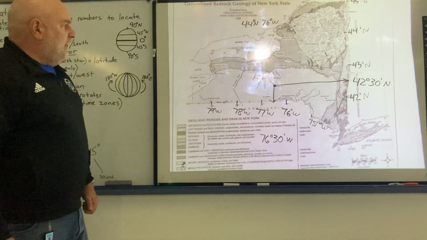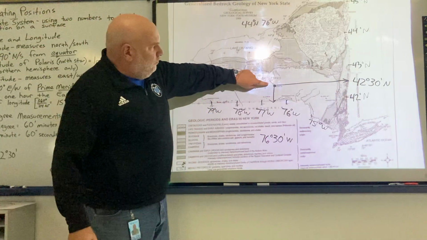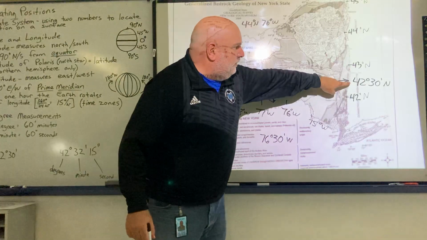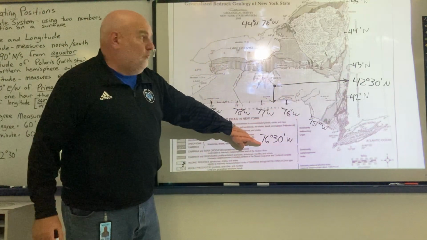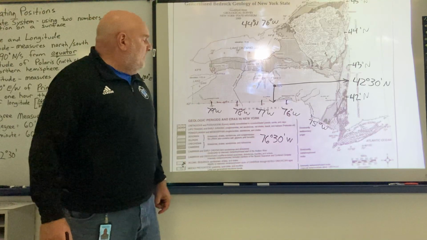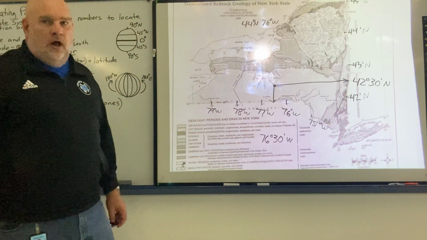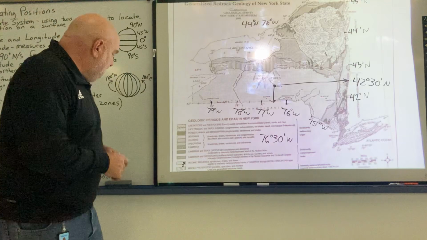So the coordinates for Ithaca would be about 42 degrees, 30 minutes north, 76 degrees, 30 minutes west. All right. So that is how you do the latitude and longitude on the map of New York State.